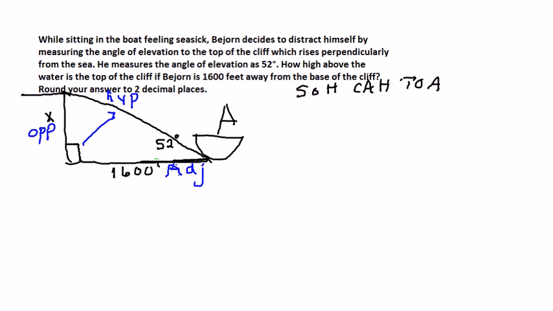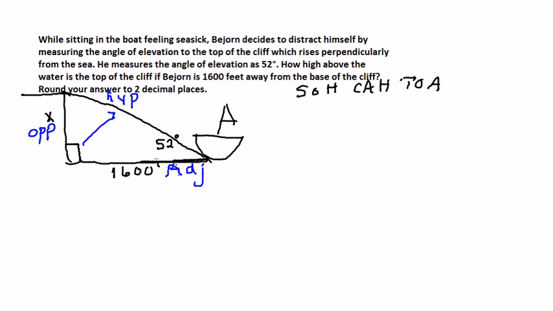So what 2 sides are we interested in? We're interested in the 1,600 foot side, which is adjacent, and X, the opposite. So which function uses opposite and adjacent? That's right, tangent.